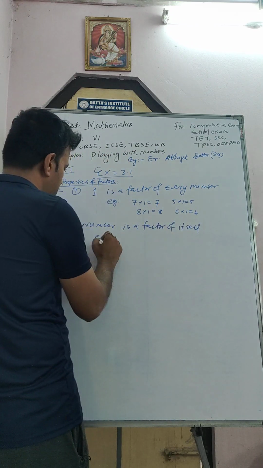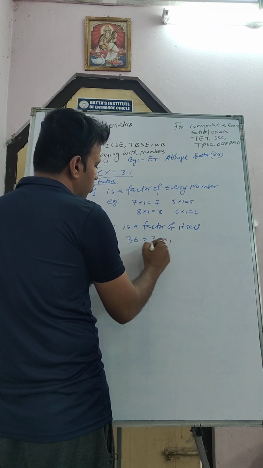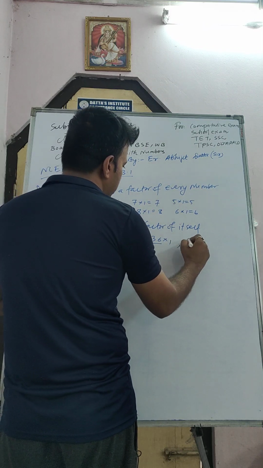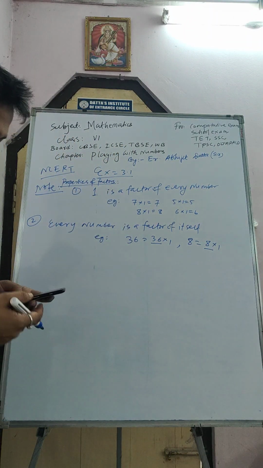Okay, for example, if I divide 36, we can write 36 into 1. So every number is a factor of itself. If I take 8 into 1, so every number is a factor of itself.